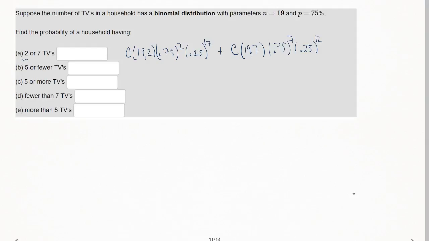But what a lot of you probably like to use is, this is an equality, binomPDF. You start with 19, you have 0.75, and then you want 2, plus binomPDF, and then you'd have 19, 0.75, and in this case 7.